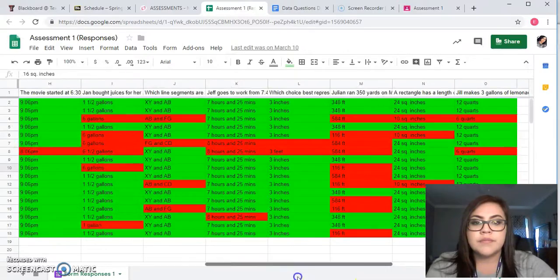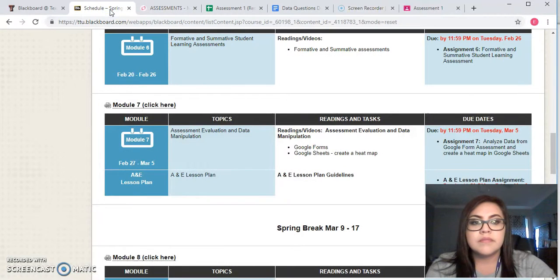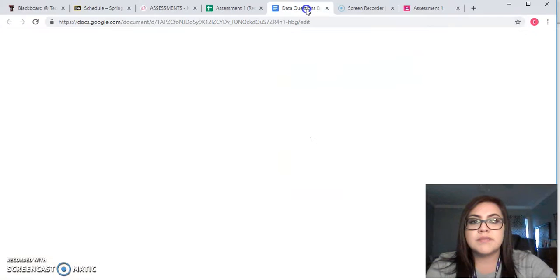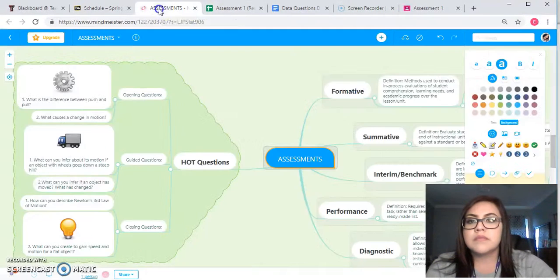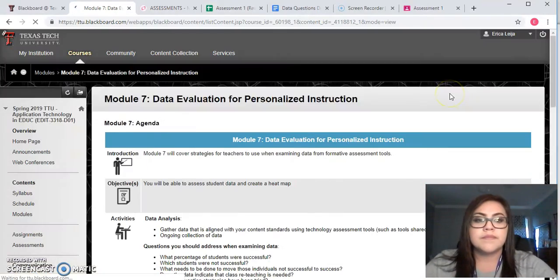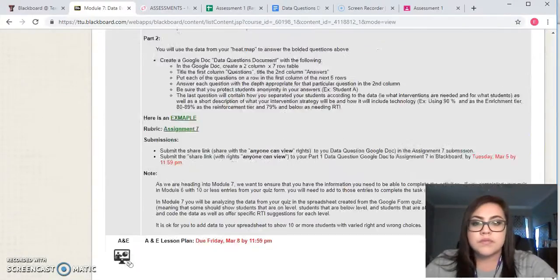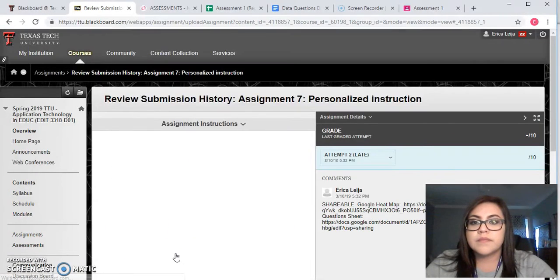Let's go through. Okay, so there's my heat map. And the Google Form assessment, where is it? Okay, Google Doc.